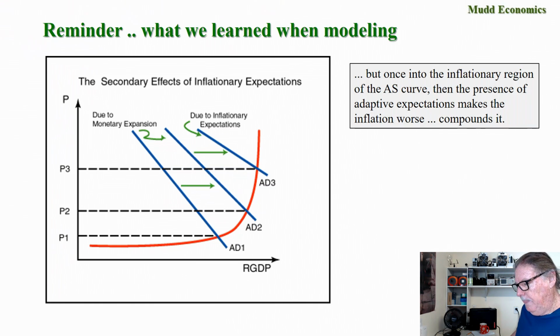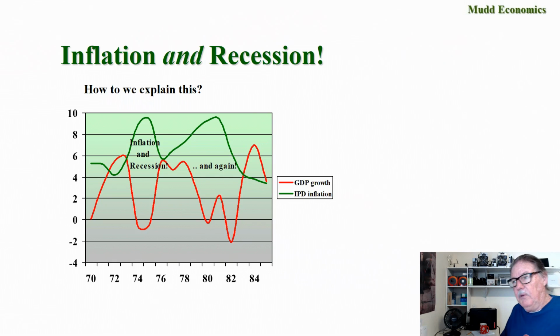Now, we also learned, remember, this is a copy of a slide we had before, that sometimes, strangely, you can get a combination of very high inflation during the trough of a business cycle. Intuition would say it should appear at the peak of a business cycle.